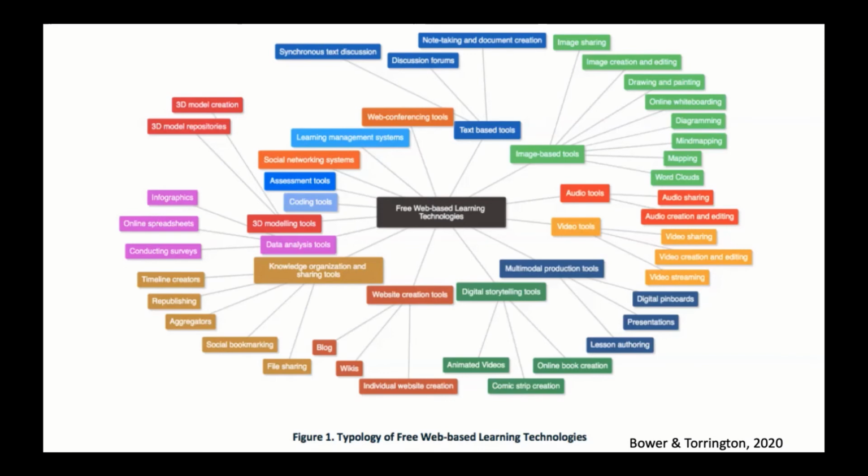But what is the outcome you're trying to achieve? What are your learning goals? What are your objectives? And what is going to be the best type of tool to get you where you need to be? So do you want a digital storytelling tool? Or do you want something that the students can draw a 3D model on? Or do you just want a discussion?